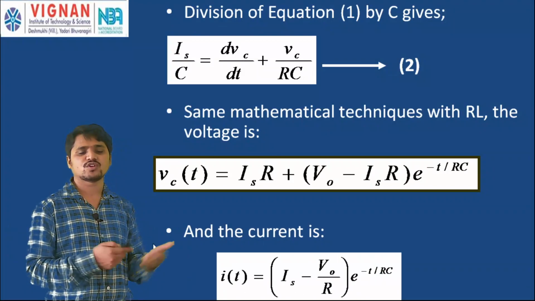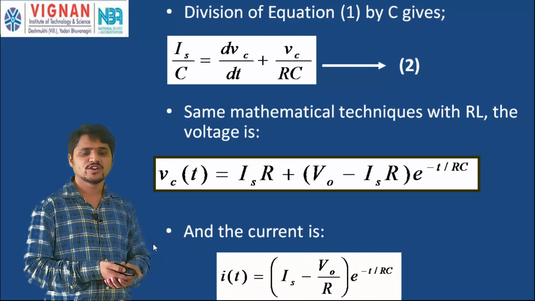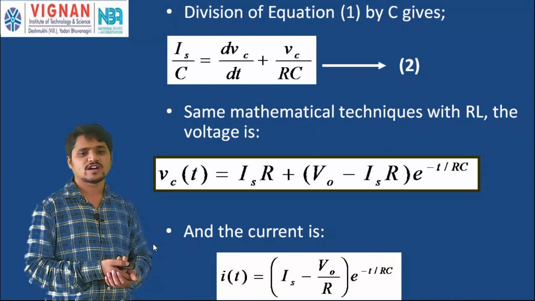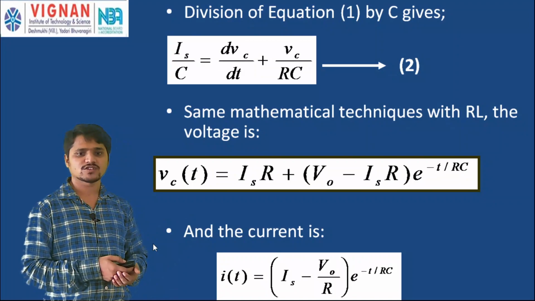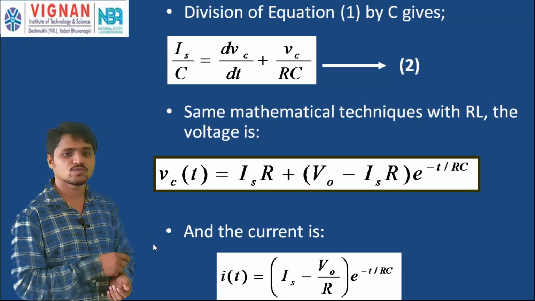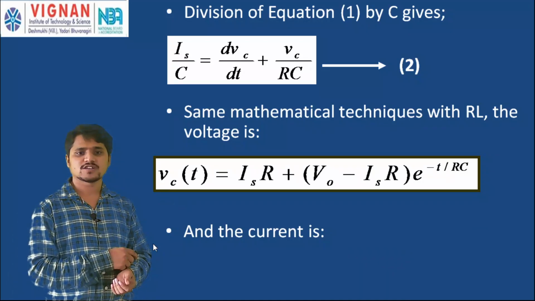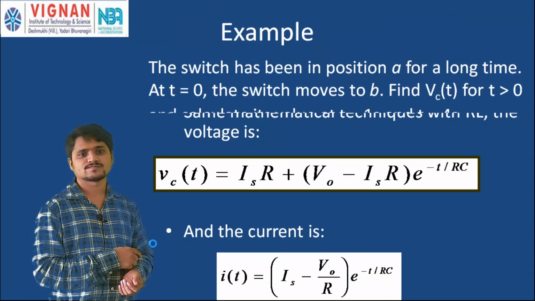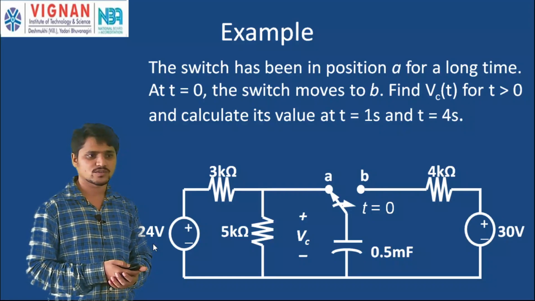Once you know the voltage, you can find the current: differentiate the voltage equation and multiply with C, I equals C into dVc by dt. Then the current I of t is equal to Is minus V0 by R, into e to the power of minus t by tau. This is the step response of the RC circuit.